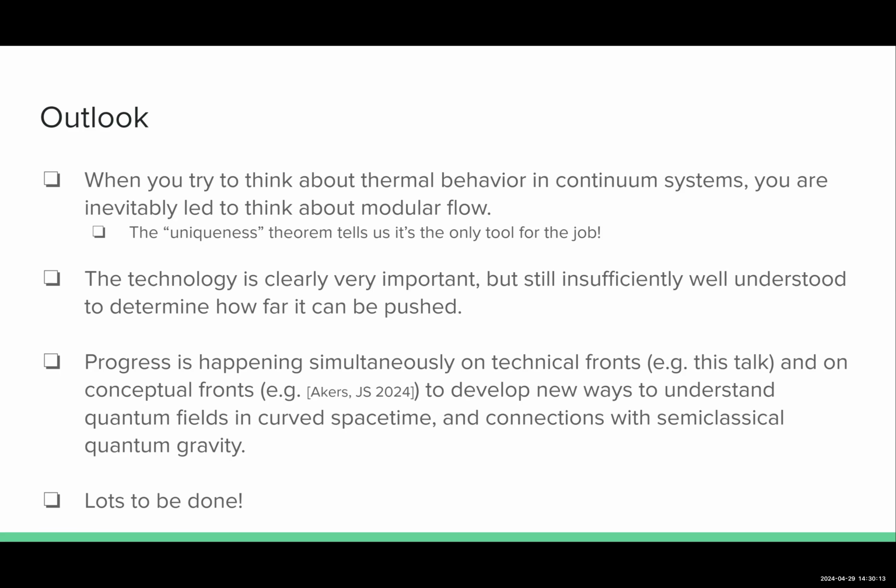The reason we believe this is because you should be zooming in on the UV effects, and the UV effects should be governed by the vacuum state, where everything is Rindler, Unruh, and so on. But this conjecture is not even understood to the level where we know what kind of approximation we're supposed to look for. So I think that should be understood, but it's probably a ways away.